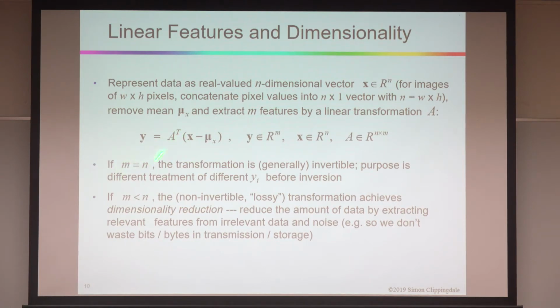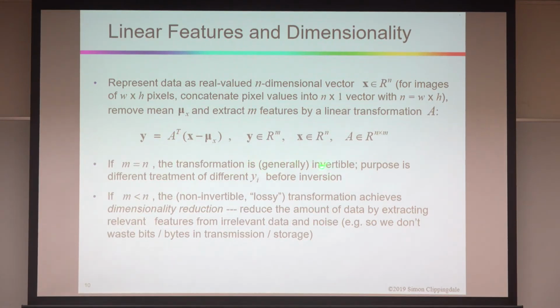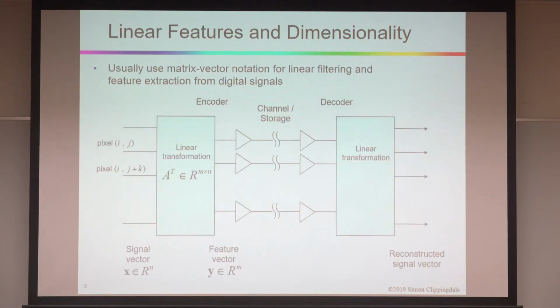So if m equals n, so if this transformation matrix is square, then the transformation generally can be invertible, so in principle you can recover the original signal exactly. You might want to do that in order to, for example, treat these different components differently, allocate different numbers of bits to them or whatever.